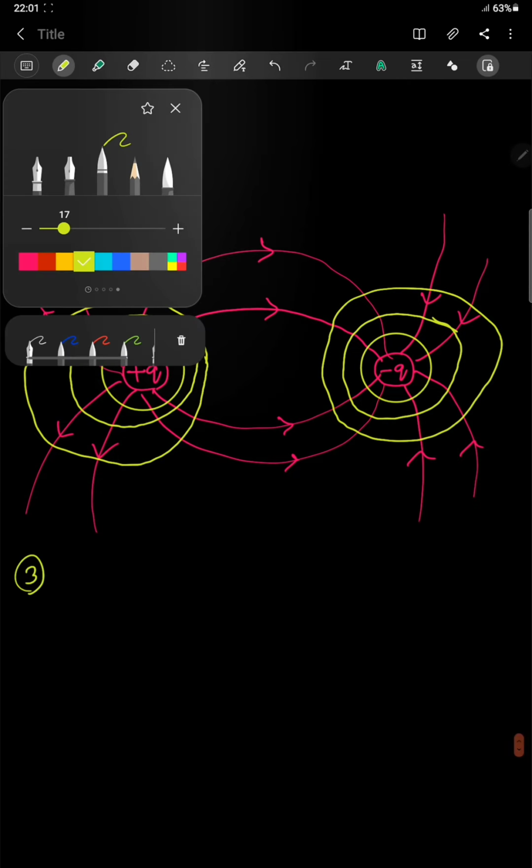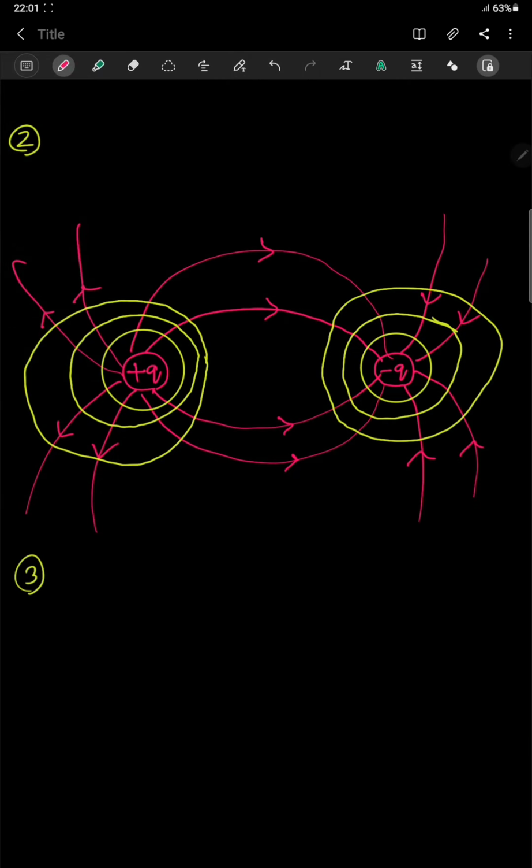In the third case, what we'll do, we'll take two charges of same magnitude and same sign. So first I have to draw what? We have to draw the electric field lines. So electric field lines, as we know, already we have drawn it.